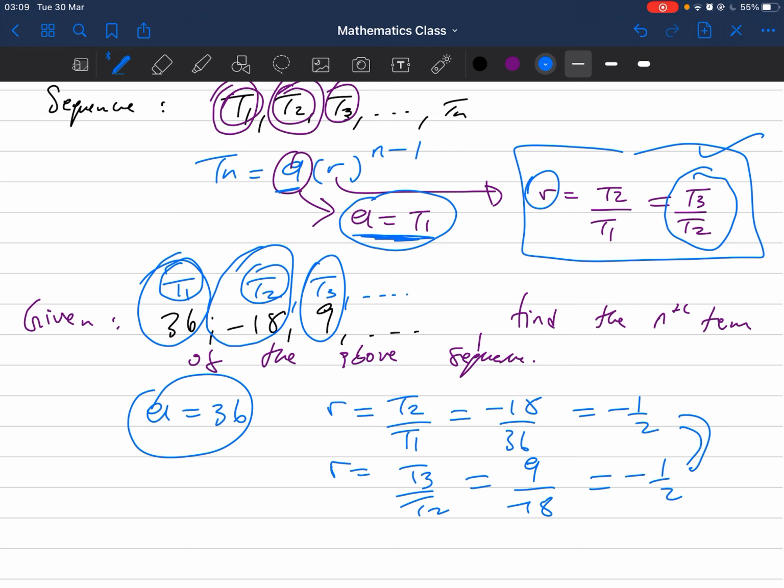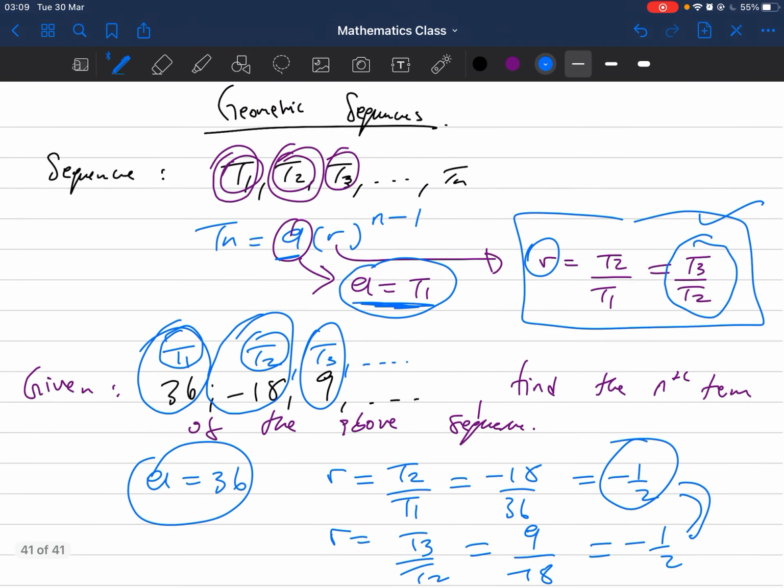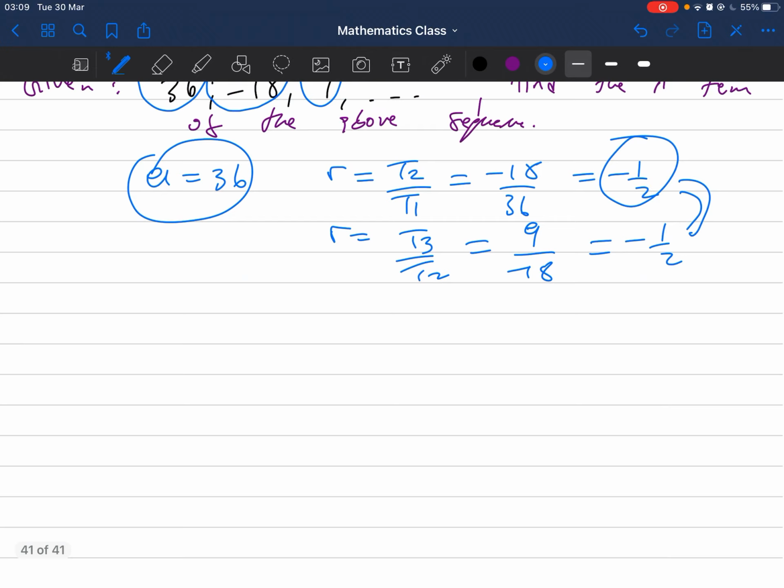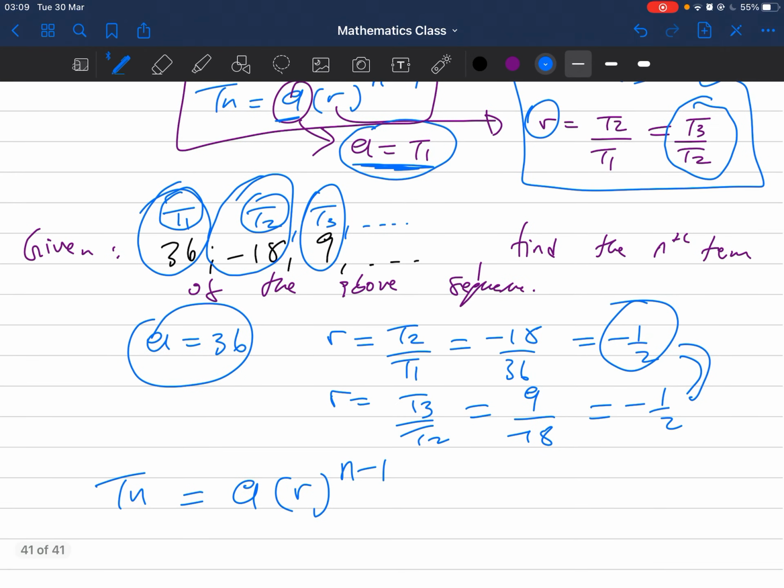So now you have your A and you have your R. Now we can go back to the formula here. Our formula is Tn is equal to A R to the power n minus 1. When the question says find the nth term, they're looking for Tn.